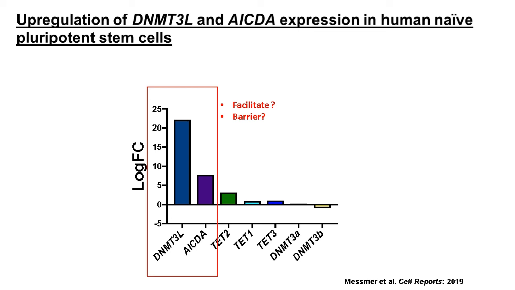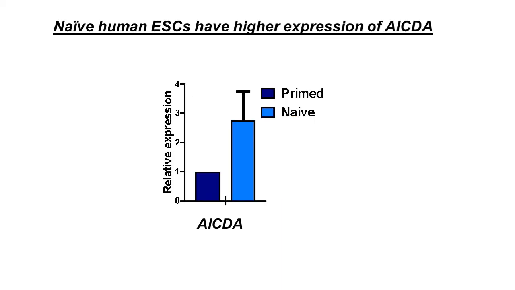But today I will focus on AID only. And similar to what has been reported previously, I saw upregulation of AID in wild-type cells when prime cells were reverted to naive-like cells.